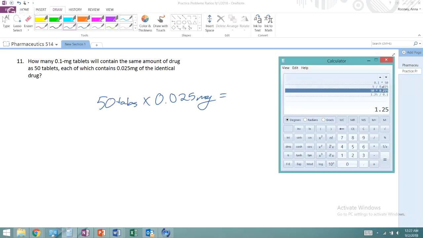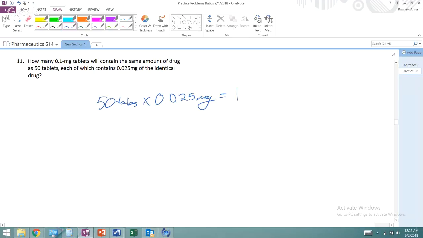So then that is 12.5 milligrams. Okay, and then you divide that by 1 milligram, which is per tab.